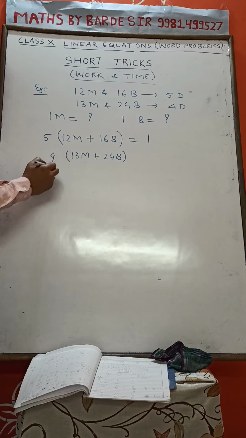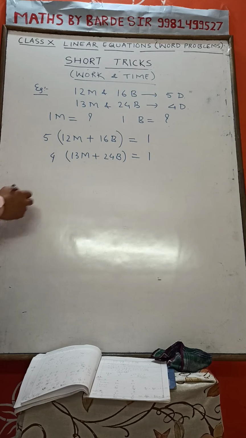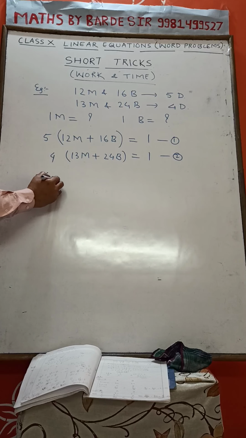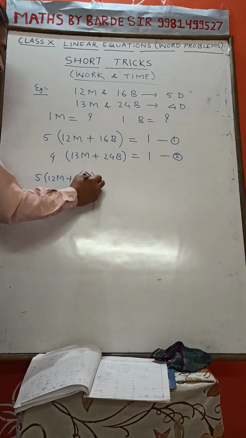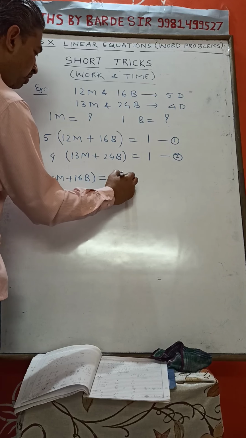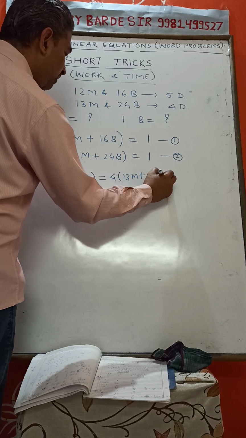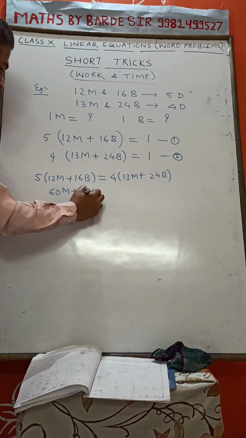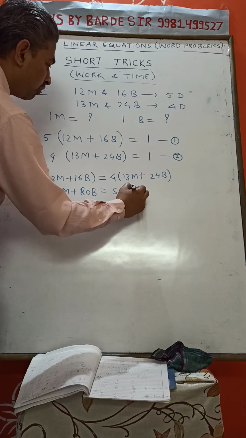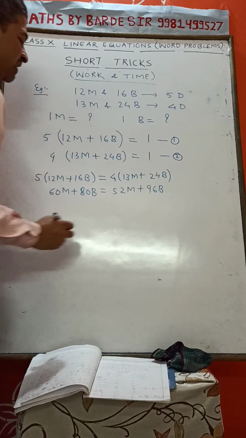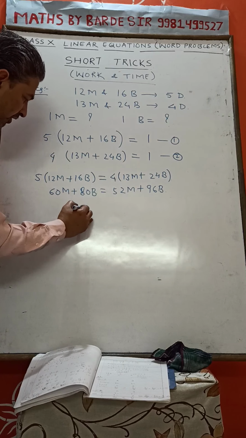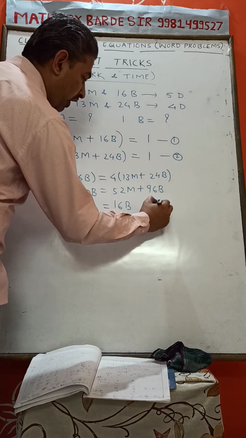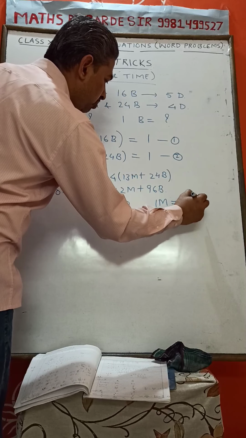Make it 4 times, then it becomes equal to 1. So children, these are the two equations we have formed. From these we write 5 into 12m plus 16b is equal to 4 into 13m plus 24b, 60m plus 80b is equal to 52m plus 96b. 60 minus 52, 8m equal to 16b. Means one man is equivalent to 2 boys.